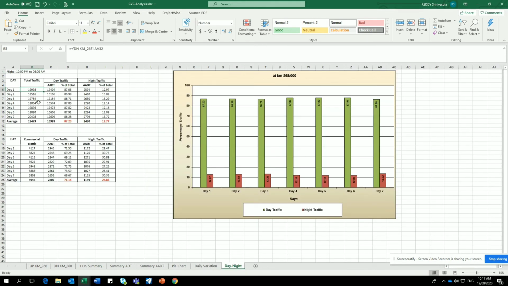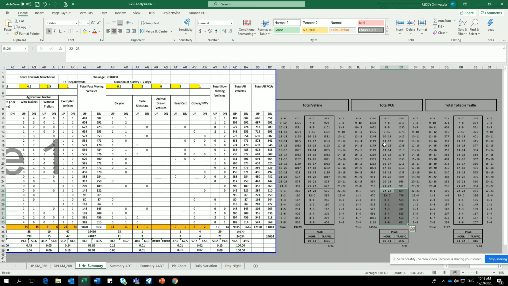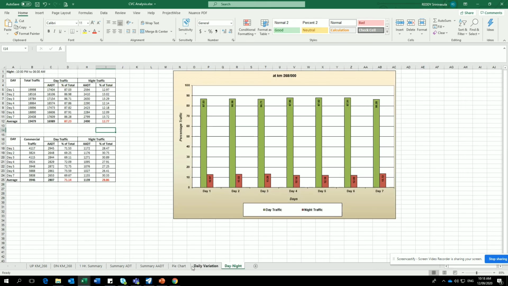The total traffic for day one is 19,000. Then the AADT for day traffic. Then night traffic, just a histogram preparation. The main important thing is this consideration, from 6 to 10 and then 10 to 6. That's it, day night shift.